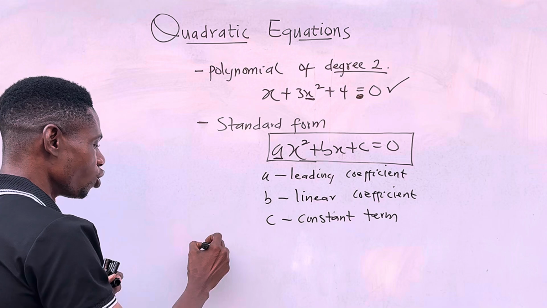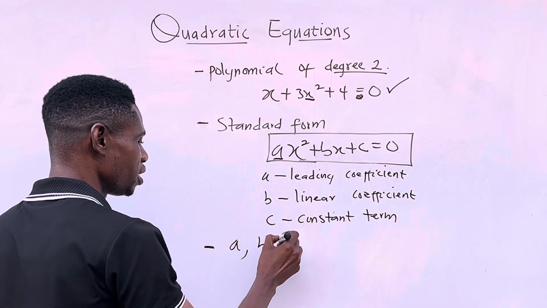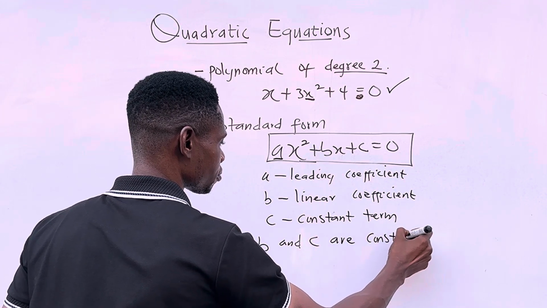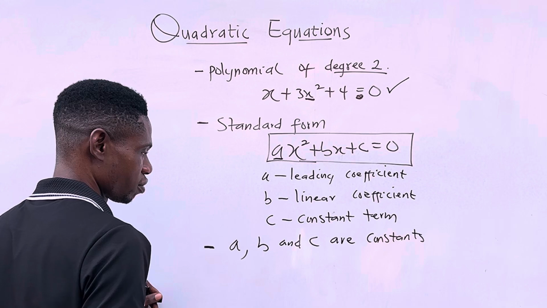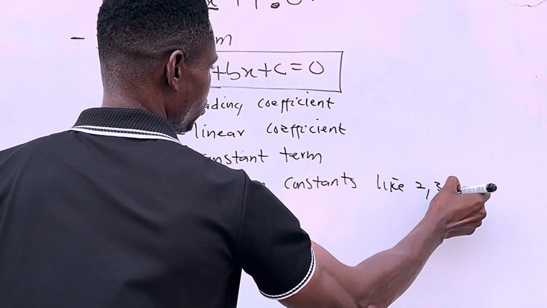Now another thing to note is that for quadratic equations, a, b and c are constants, like 2, 3, 1.